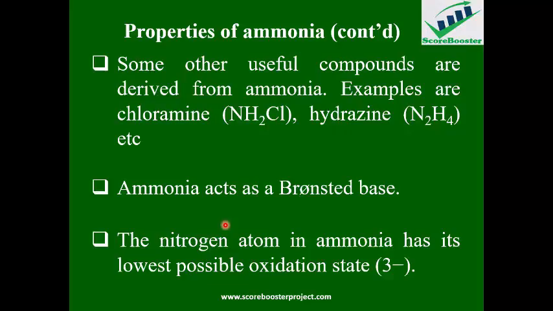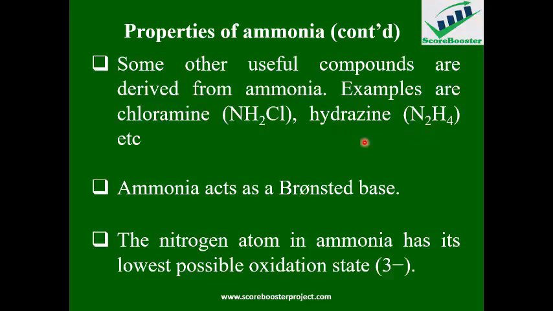So if you replace it with a chlorine atom now, you have a chloramine. A chloramine is used in fumigation. If you replace one of the hydrogens with another ammonia molecule, you have hydrazine.